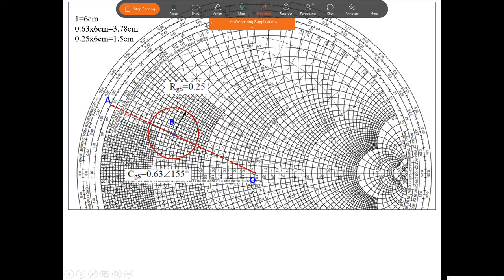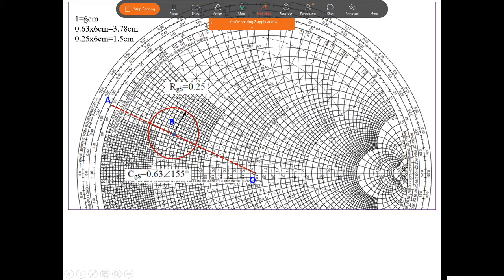Now you measure this distance from the center to this point, how many centimeters, using a scale. You take a scale and measure how many centimeters from here up to this point. See, it is actually 6 centimeters.